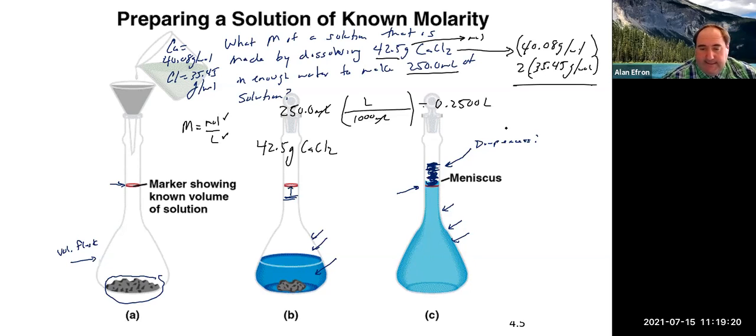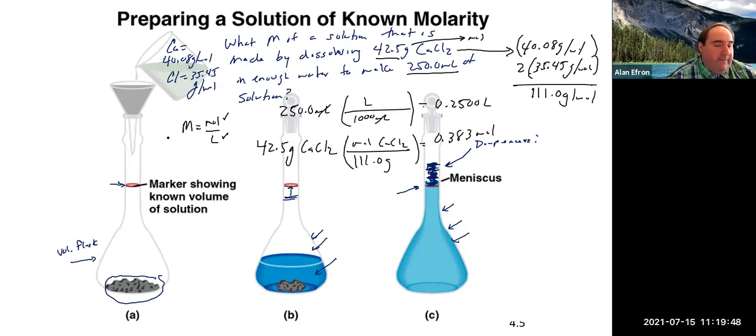And that's, we'll call it, 111 on that rounding there. So we will do 111 on the bottom there. And that's going to get us 42.5 divided by that, which gets us 0.383 moles.